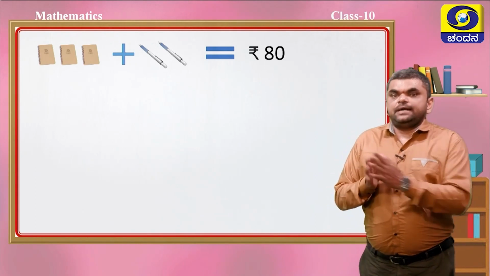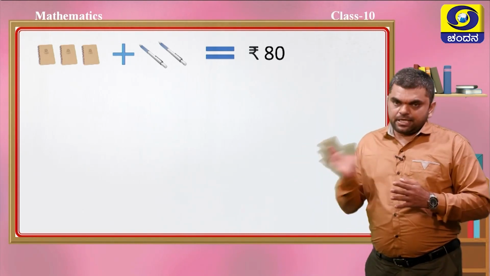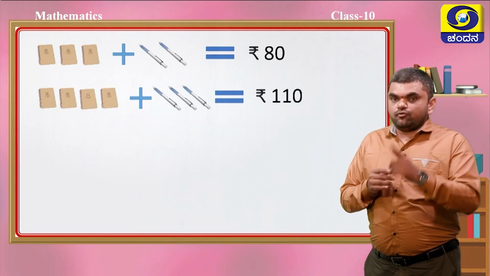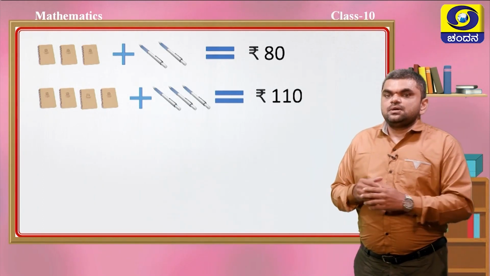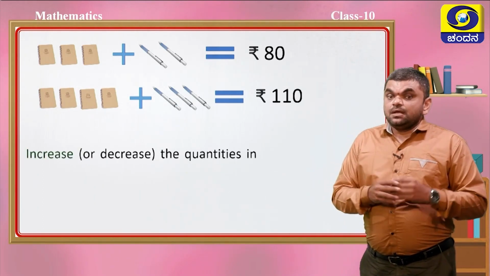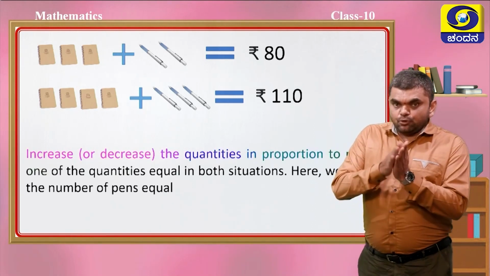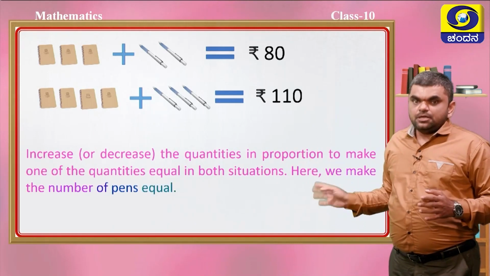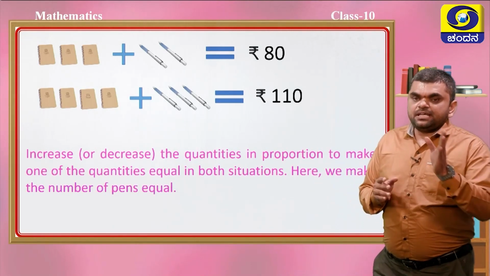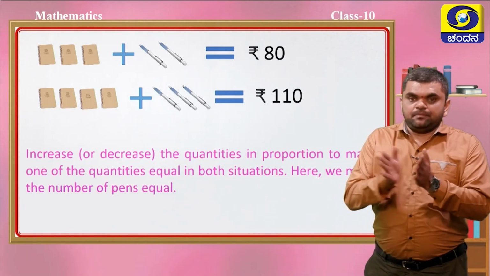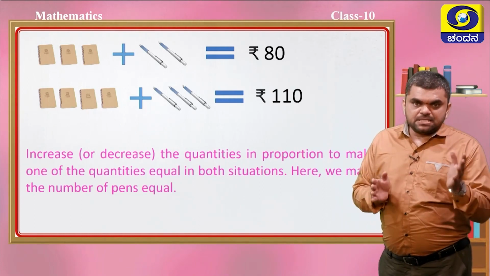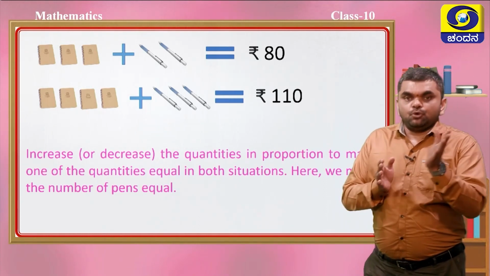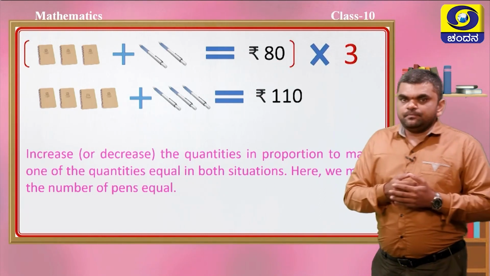But let's see, children. 3 books and 2 pens cost 80 rupees, whereas 4 books and 3 pens cost 110 rupees. Here we have to increase or decrease the quantities in proportion to make one of the quantities in both situations the same, which means either we can make pens equal or we can make notebooks equal. Observe here.